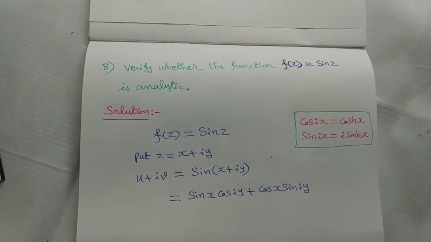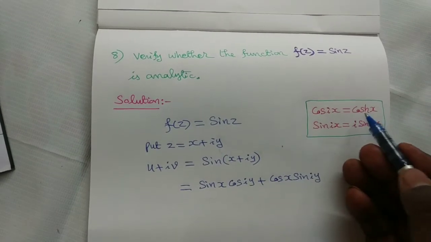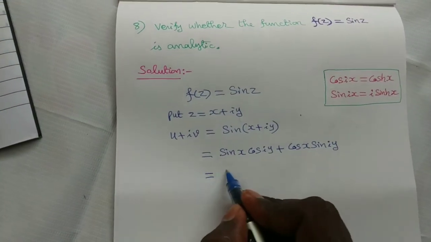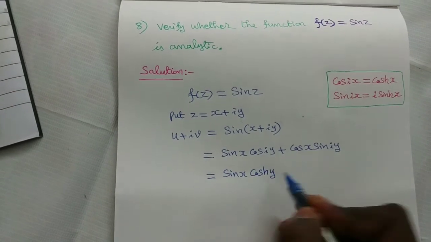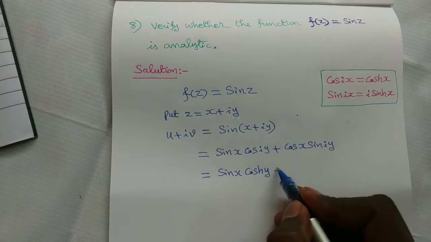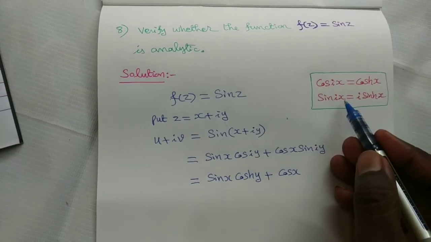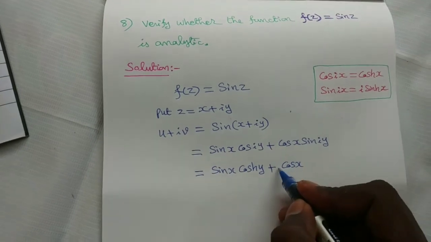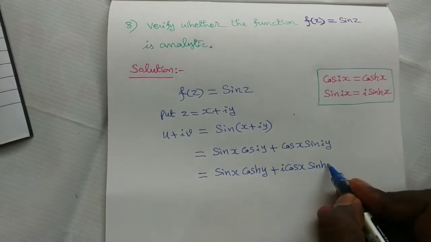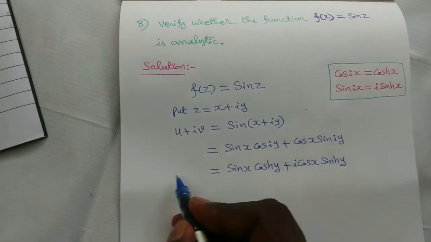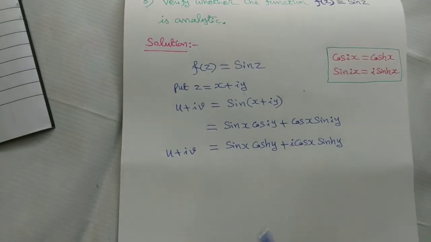So here I am going to use cos iy, which is cosh y. So it is sin x into cosh y by using the first formula, plus cos x into sin iy. What is sin iy? i sinh y. So put i here, i sinh y by using the second formula. This side u plus iv.